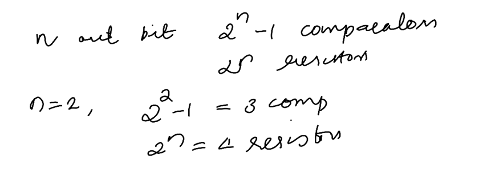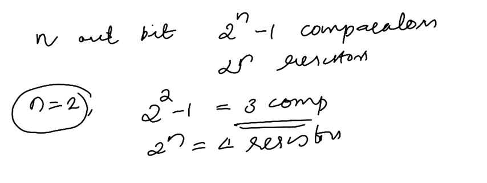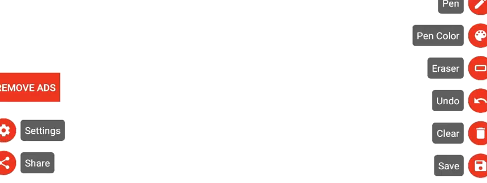So for example, we can draw a 2-bit flash type ADC. 2-bit means n is equal to 2, and we need 3 comparators and 4 resistors. The diagram consists of 3 comparators: this is comparator number 1, this is 2 and this is 3.